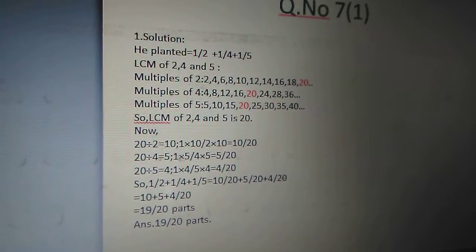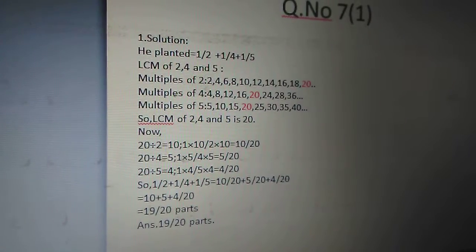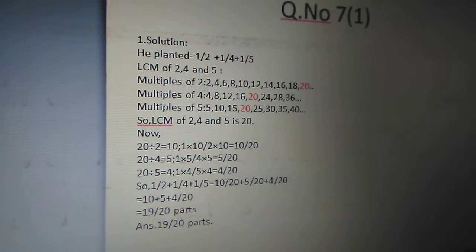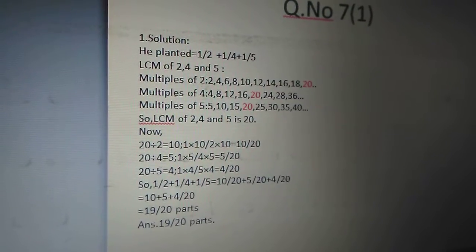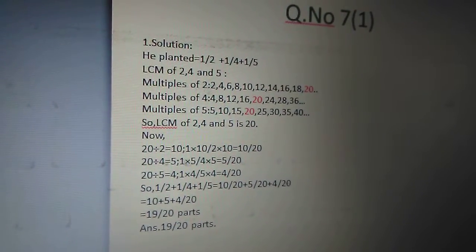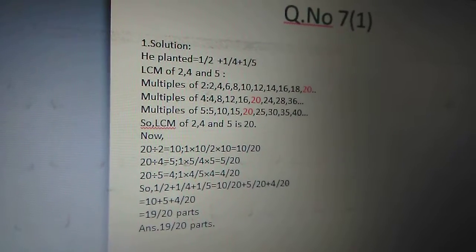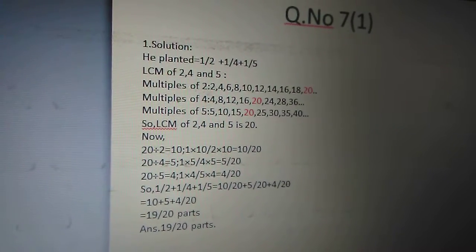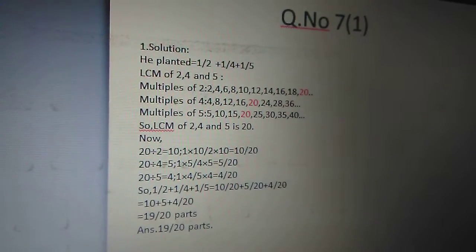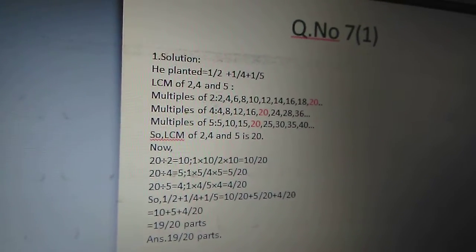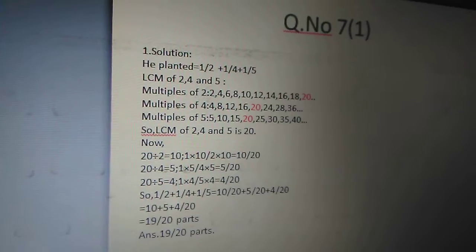Now all the denominators are the same. So 1/2 plus 1/4 plus 1/5 equals 10/20, 5/20, 4/20. As the denominator is the same, it is 20. Then we add 10 plus 5 plus 4, that is 19/20. So 19/20 part had been planted by the farmer.